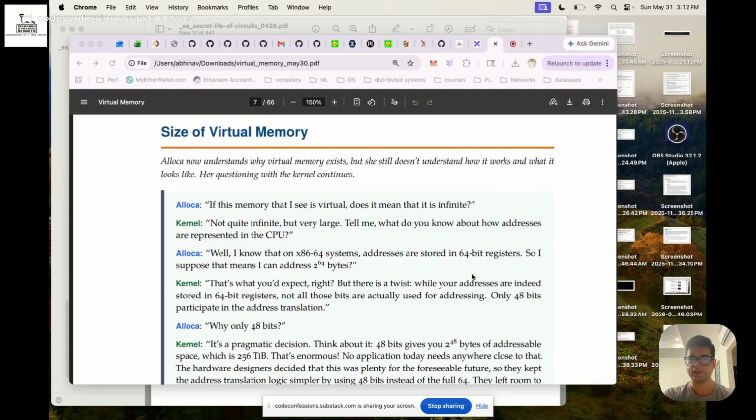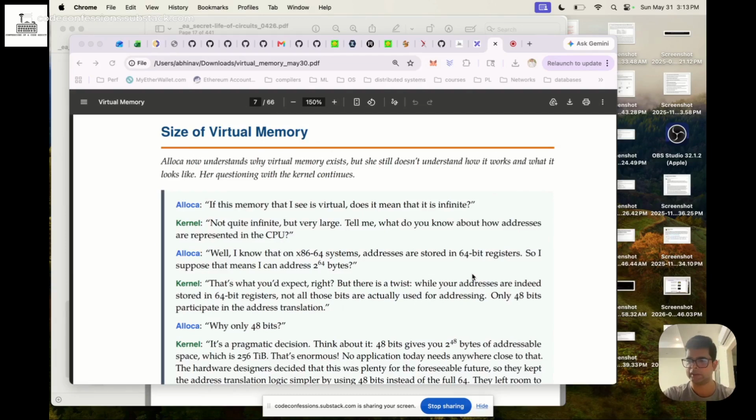And it does those translations with the help of the operating system. The operating system does this mapping of virtual addresses to physical addresses, and it maintains those mappings somewhere in the kernel, and the memory management hardware, the MMU, will look up those mappings and figure out where this memory access goes in physical memory, and then reads or writes the data. So that's what we learned in the last video.